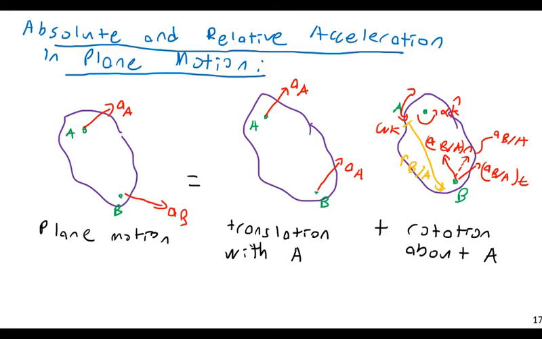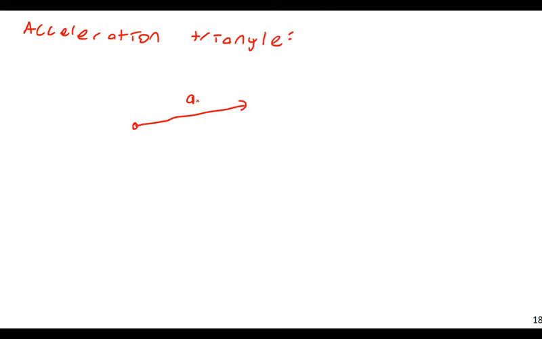All right, so here, if I were to draw out the acceleration triangle, or diagram, I might say better, I would have the overall acceleration of B, and this would have the components acceleration of A, and then as well, the acceleration of B with respect to A.